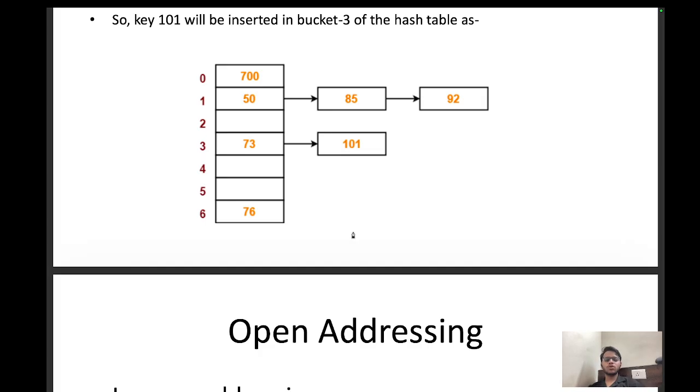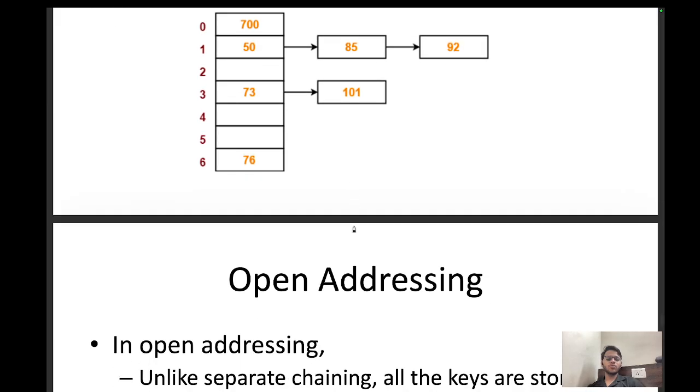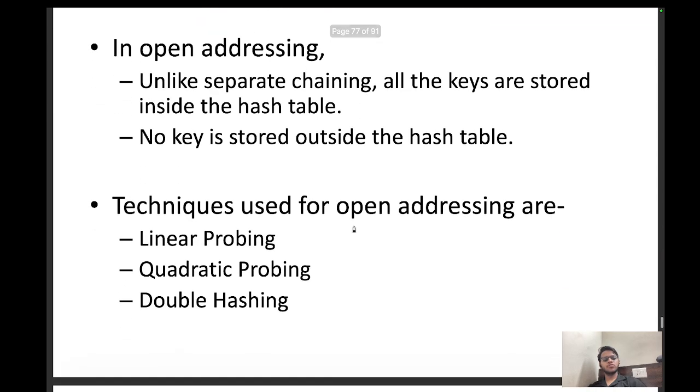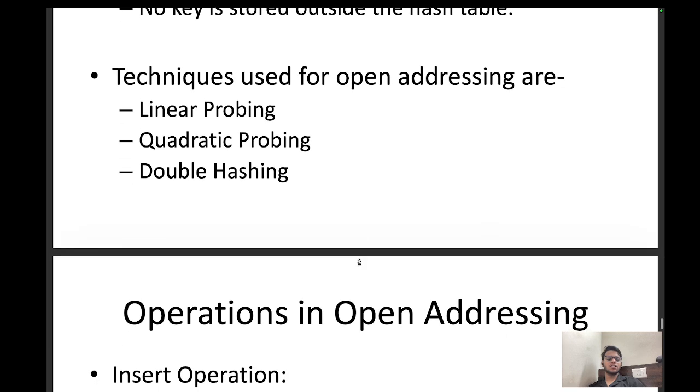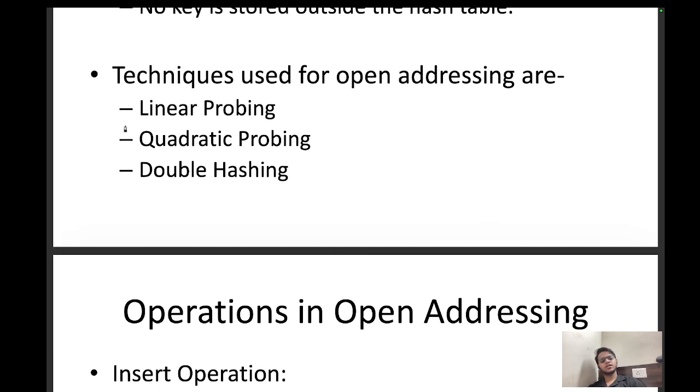If we try to code it, it would be a little difficult to implement. So we have the technique of open addressing, and there are three techniques under it. Now let us see these techniques one by one.